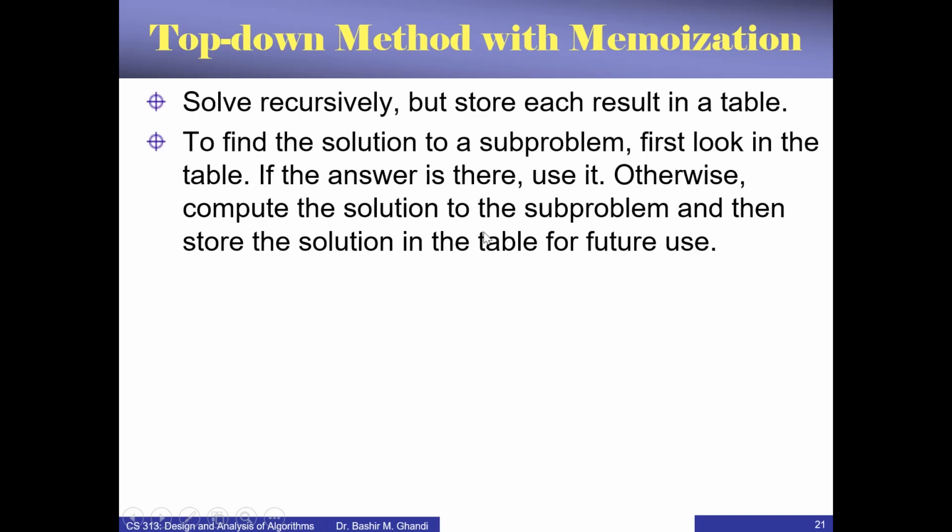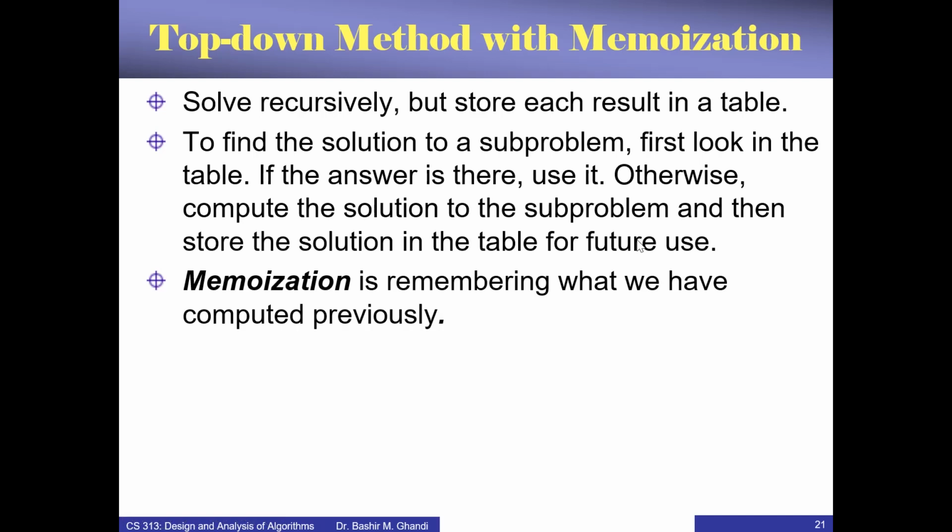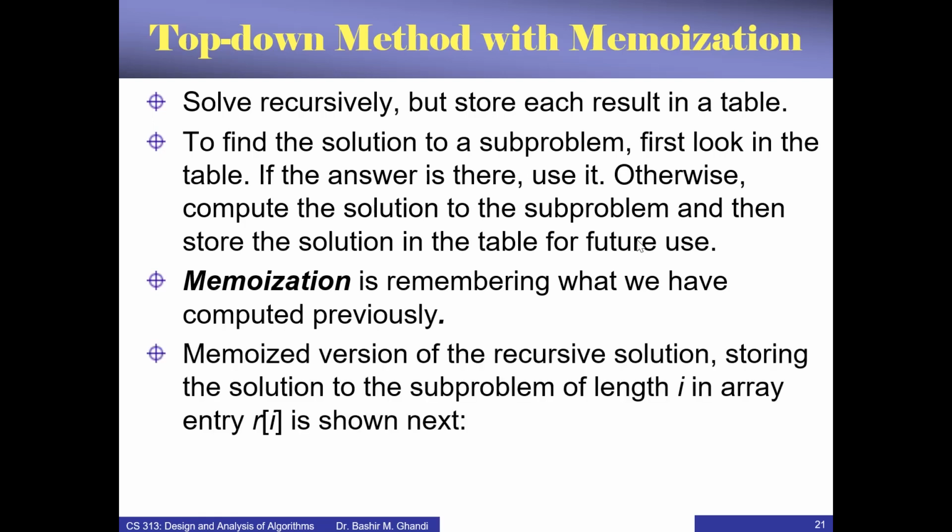Otherwise, compute the solution to the subproblem and then store it in the table so that you can use the same result in the future. This is the meaning of the term memoization, remembering what had been computed previously. In the next slide, we're going to see the actual memoized version of the algorithm.